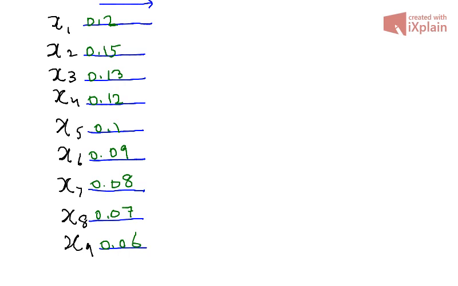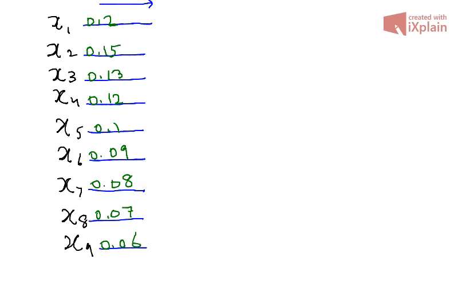These are the least frequently occurring letters. Similarly here, x1 is the most frequently occurring alphabet, while x9 is the least frequently occurring alphabet, and the probabilities of their occurrence are given to us.